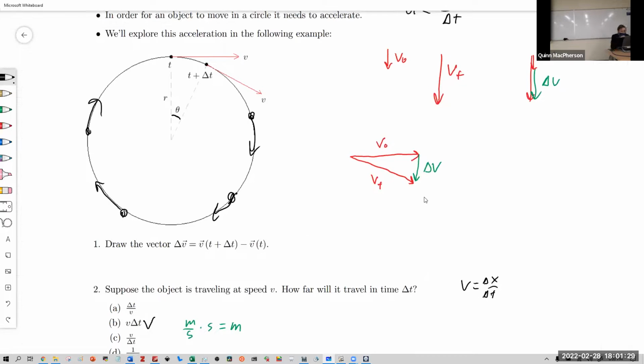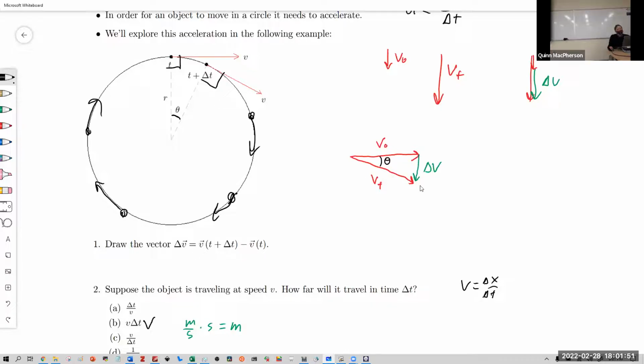Okay, notice this is an angle here, theta. You see how this angle here is the same as that angle there? This is a right angle and that's a right angle. So if this velocity is here and this velocity is here, this forms a little triangle like that. This angle is the same as that angle.